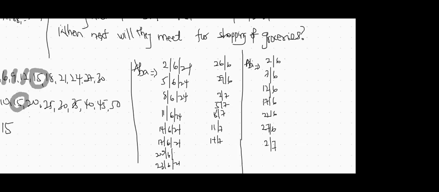Abba's days: 5th June, 8th June, 11th June, 14th June, then 17th June. Abba goes to the market on 17th June, and Abby also goes on 17th.